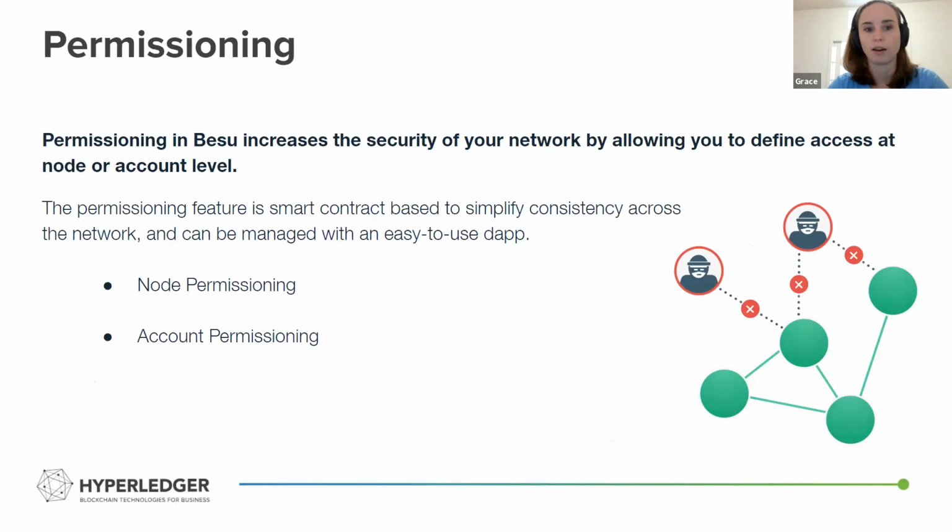What we are very excited about with permissioning in Besu is that we have a DApp where you can manage the participants in your network instead of using a command line, which is sometimes a little tricky. The DApp is more user-friendly, has a user interface, and you can manage those members a little easier.